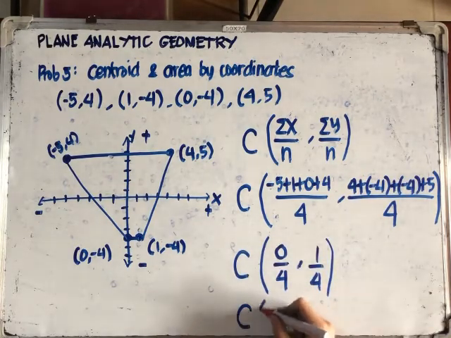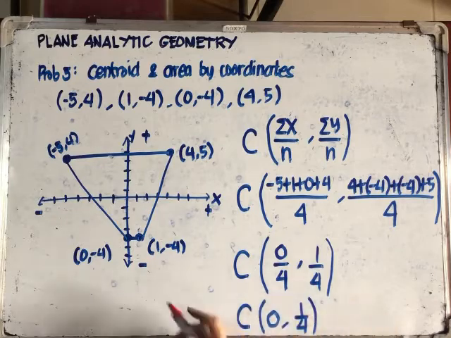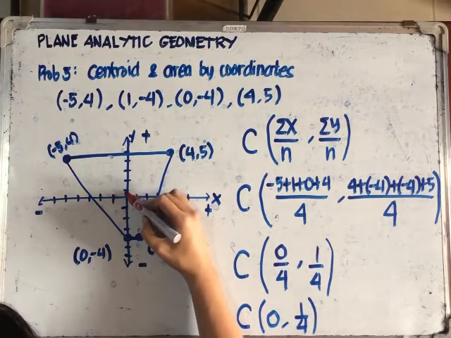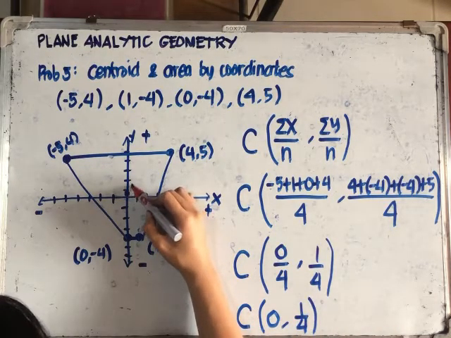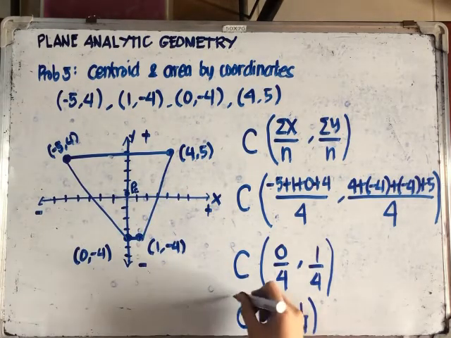So our centroid is located at 0, 1/4 coordinate. So that is around here and here. This is your point C, or the centroid of the figure. So that's how you get your centroid.